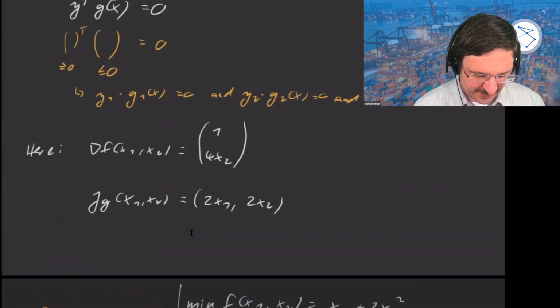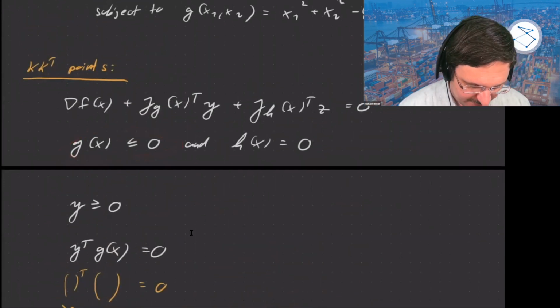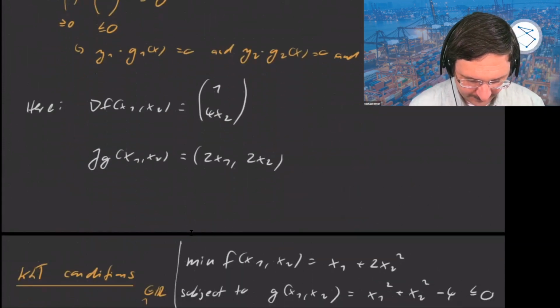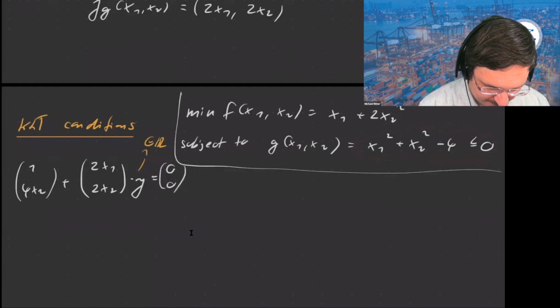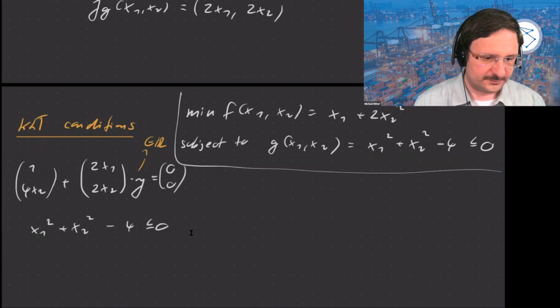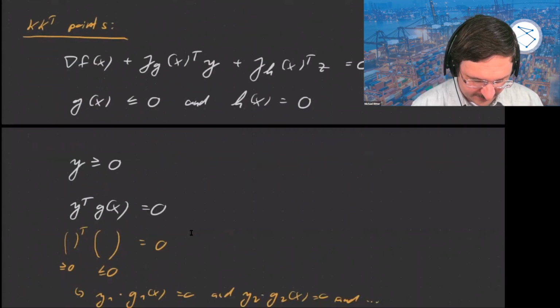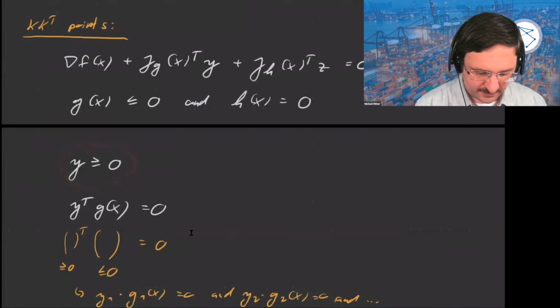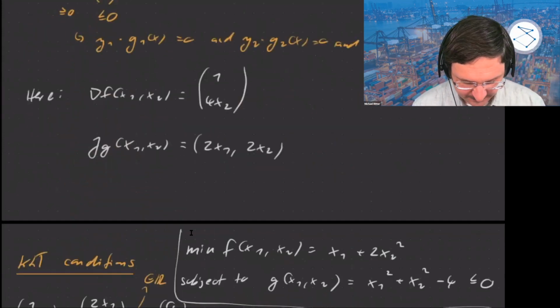Then, looking back at the KKT conditions here, we have this inequality condition here. So this one. So we get x1 squared plus x2 squared minus 4 is less or equal to 0. Then we also need non-negativity, and we need the complementarity conditions.